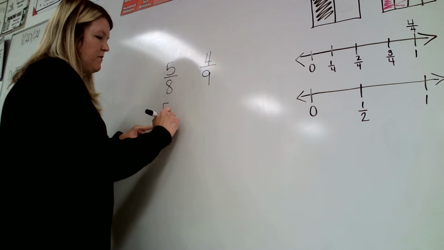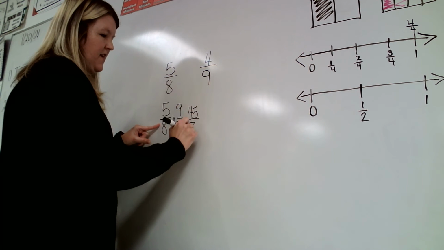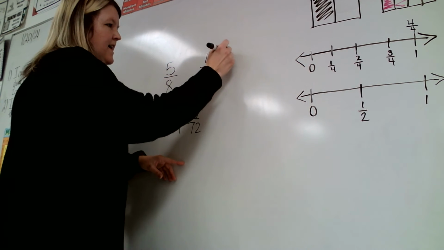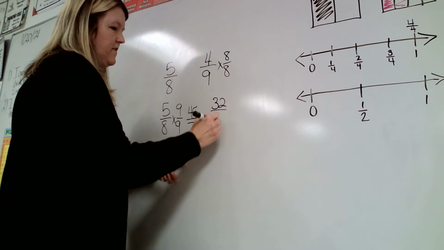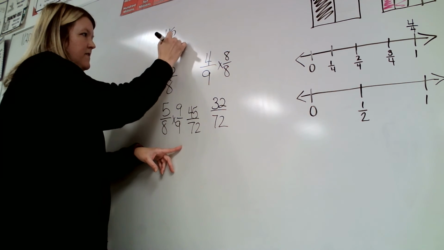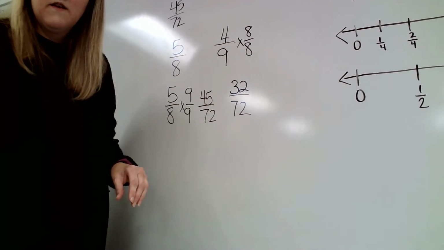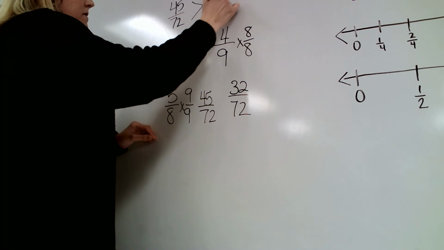So if I multiply this one by 9/9, that gives me 45/72. And then I'm going to multiply this one by 8/8, which gives me 32/72. So I can see this one, 45/72, is going to be greater than my 32/72.